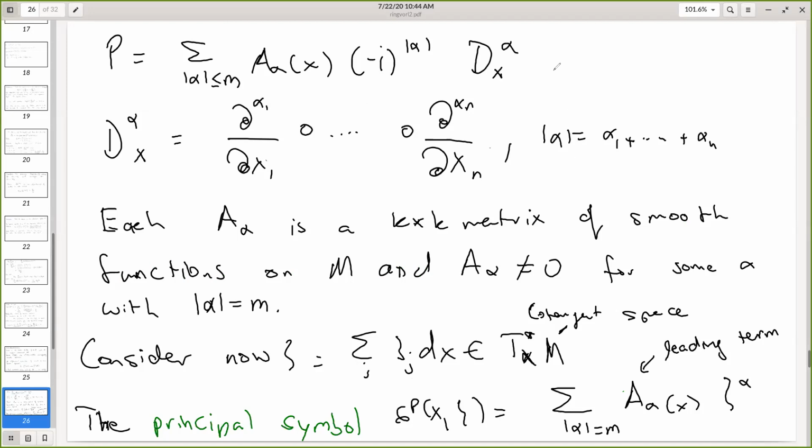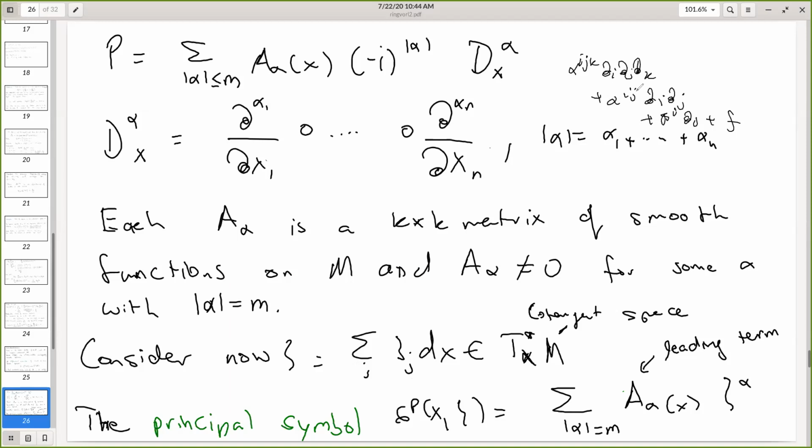A three-dimensional third order differential operator can be written as d_i d_j d_k in local coordinates, plus alpha_ij d_i d_j plus beta_i d_i plus some function.